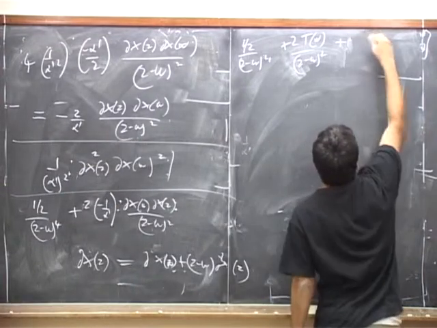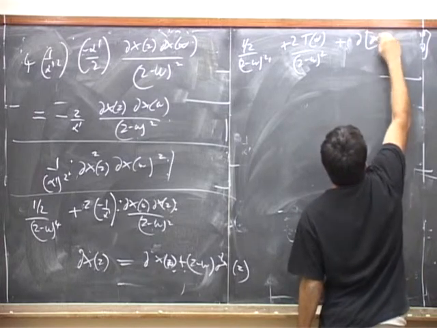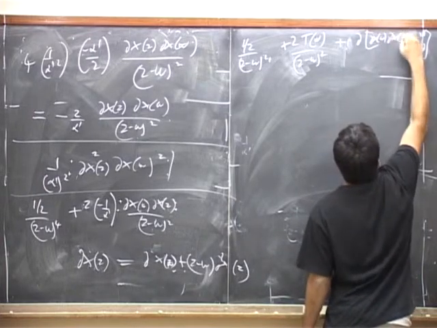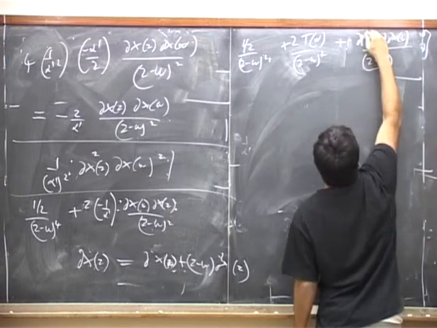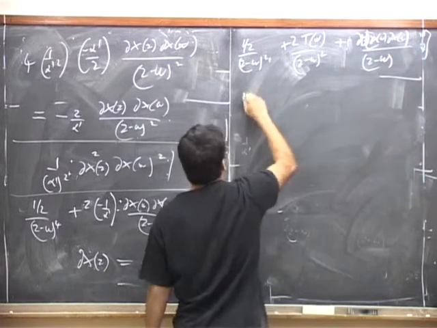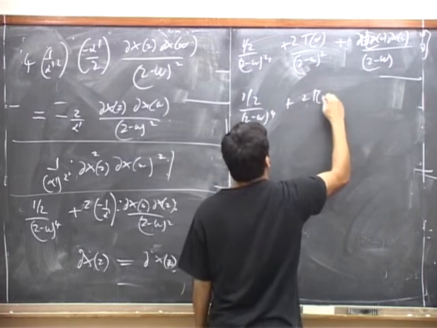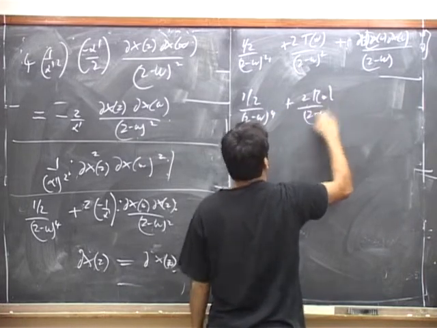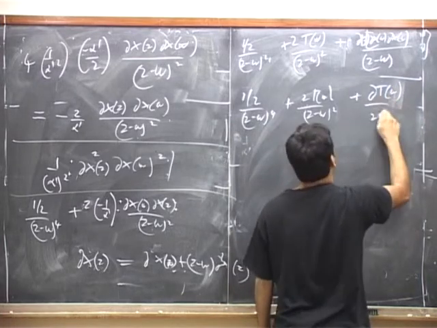So we can write this as plus, and remove the factor of 2, del x of w del x of w over z minus w, which is half over z minus w to the 4 plus 2T of w over z minus w squared plus del T of w over z minus w.